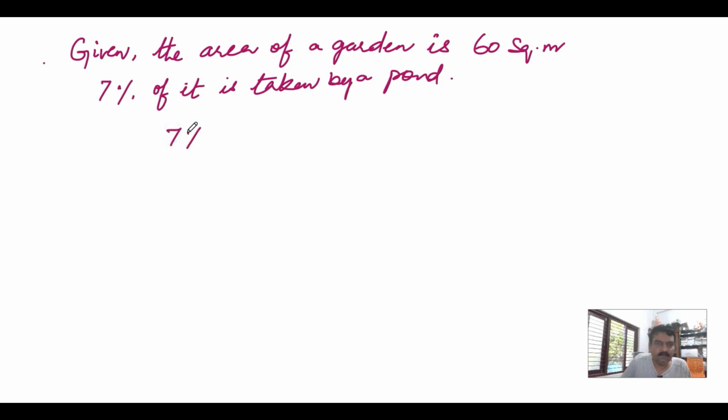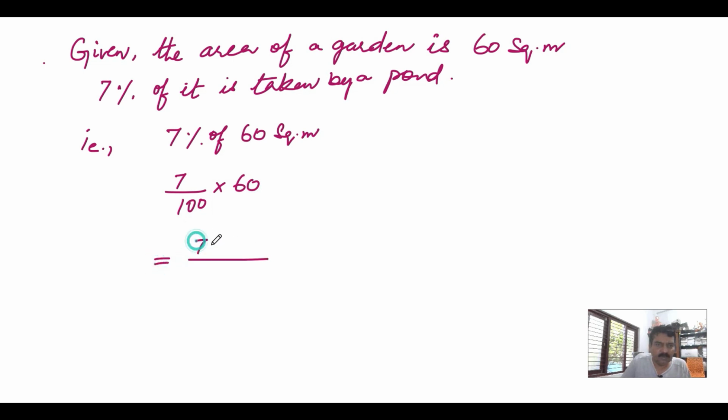So 7% of that is 7% of 60 square meters. Percent means out of 100. So 7 by 100 into 60 is equal to 7 into 60 by 100.